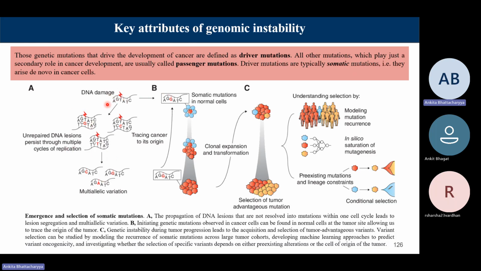For example, you can have DNA damage, you can have unrepaired DNA lesions that have persisted through several rounds of replication. You can have multi-allelic variation. Under multi-allelic variation, you can see the different microsatellite markers or different portions. Let's look at them as bases only.